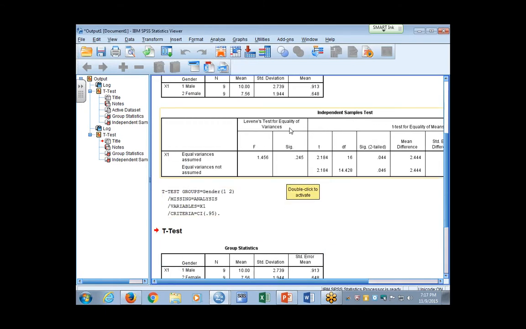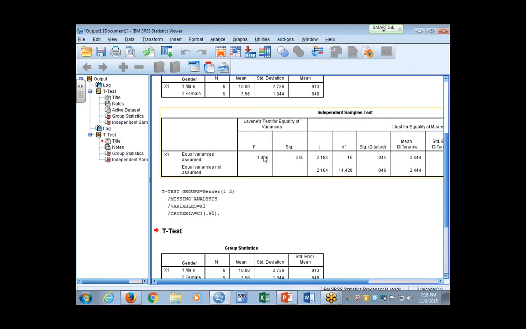This is called Levene's test for the equality of variances. SPSS, before it does this calculation, or who knows what happens first in this thing, it's happening in a millisecond anyway, right? It calculates a statistic called Levene's F score for equality of variances.